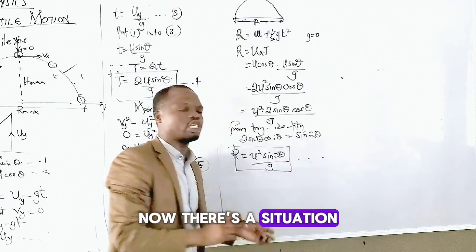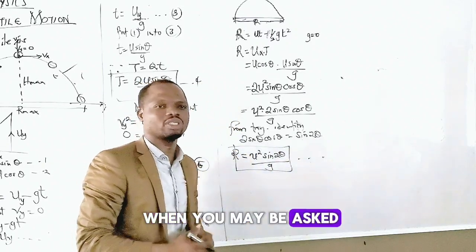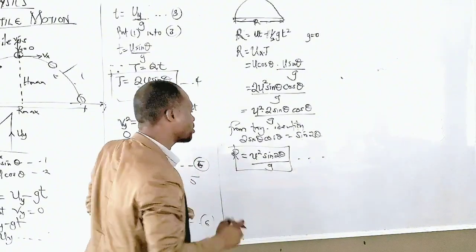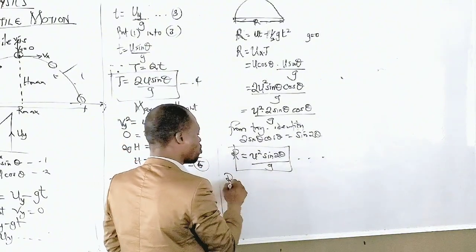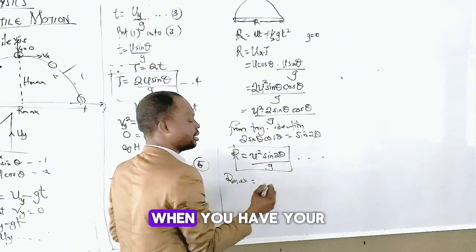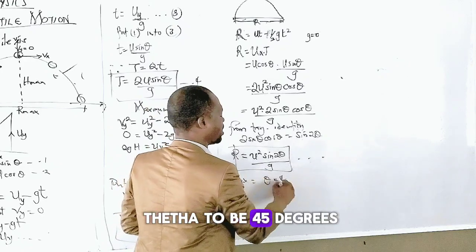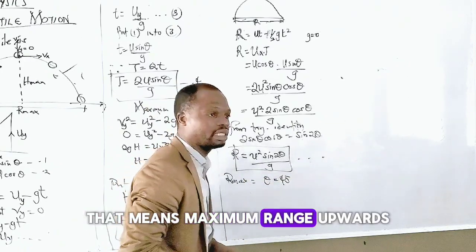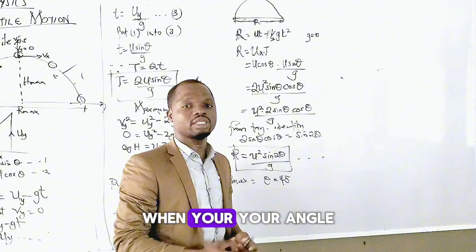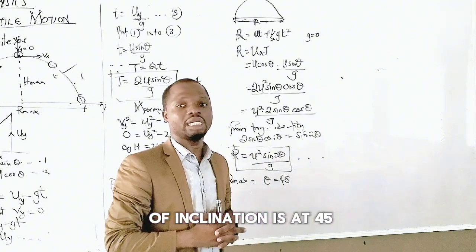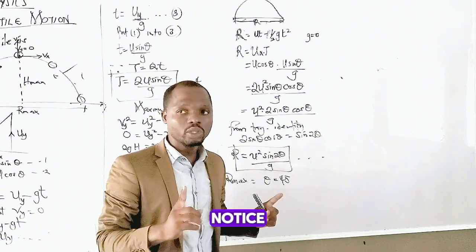Now there is a situation when we may be asked, what is the maximum range? The maximum range, R max, is obtained when theta is 45 degrees. That means maximum range happens when your angle of projection is 45 degrees. Note it.